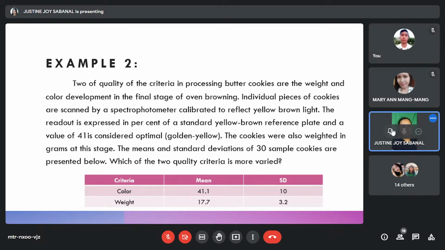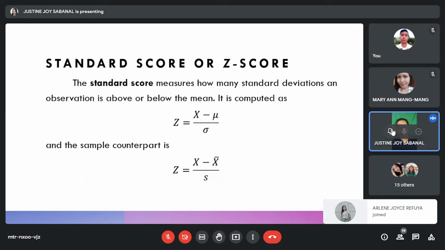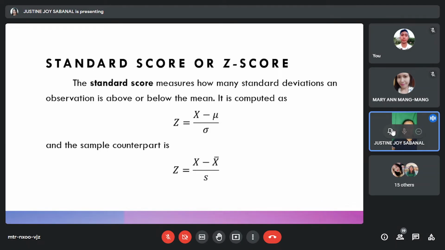So, next aspect of this is the standard score or z-score. Actually, some are not using this as part of the variability kasi ginagamit karaniwan yung standard score in higher analysis, especially if you want to determine certain probability or chances of a certain event.